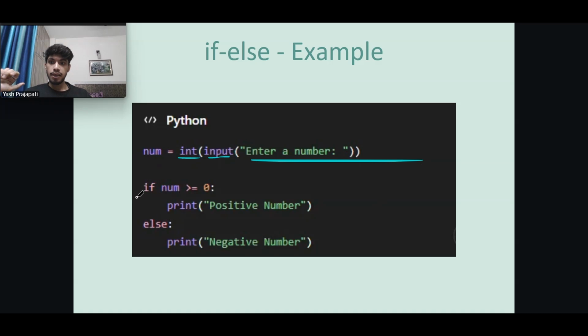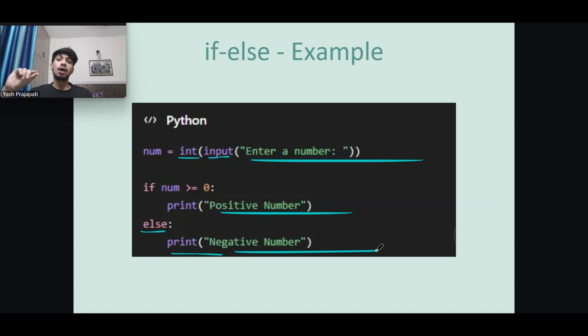Here the if condition says num, the number we have taken, is greater than or equal to 0. What does it mean? It means the number taken from the user is greater than or equal to 0. So it prints positive number, which is quite clear, that if the number is greater than 0, it is a positive number. Then there is an else statement which prints negative number.